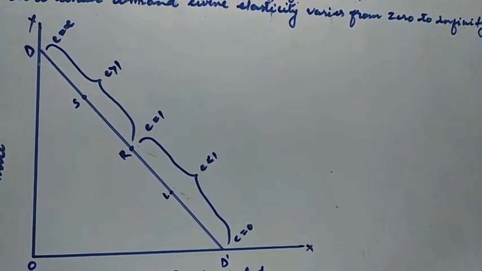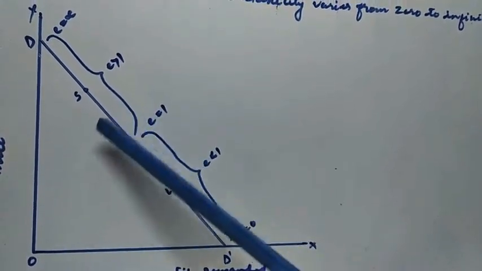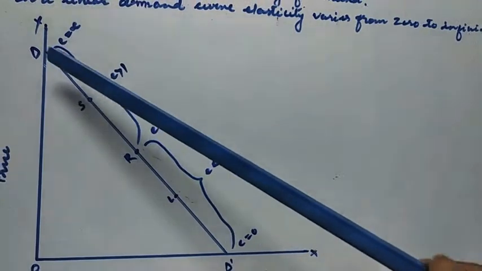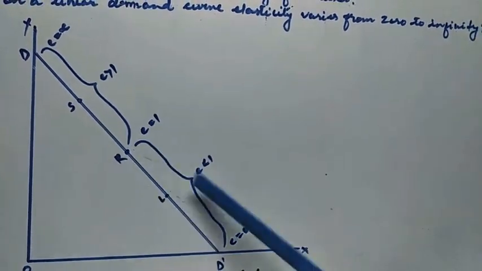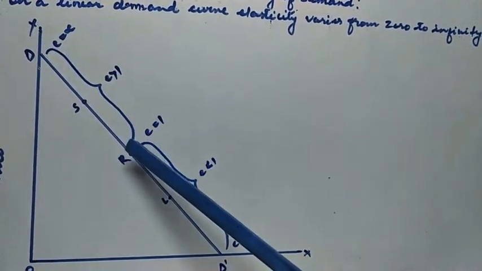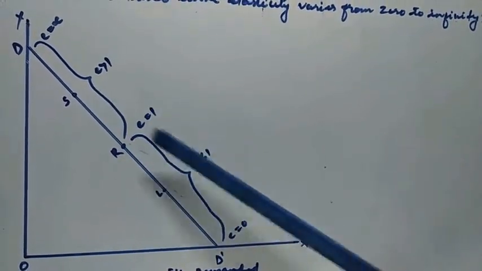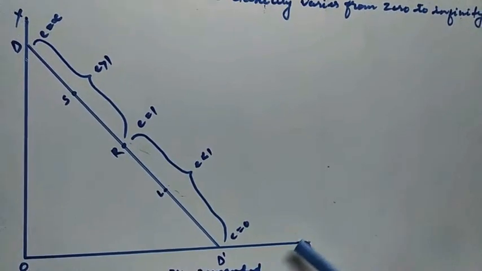price elasticity. So at point R, which is the middle point of the demand curve DD dash, the lower segment and the upper segment will be equal, which means RD dash divided by RD will be equal to 1.